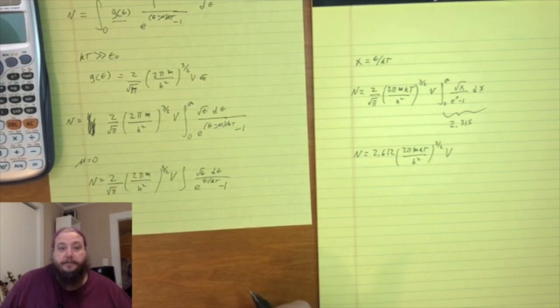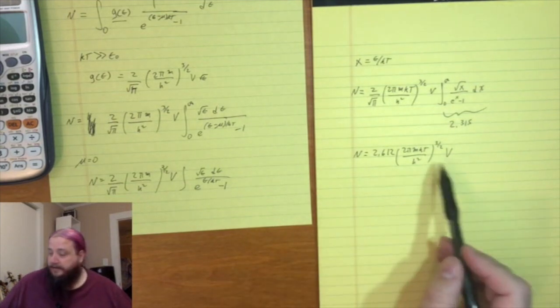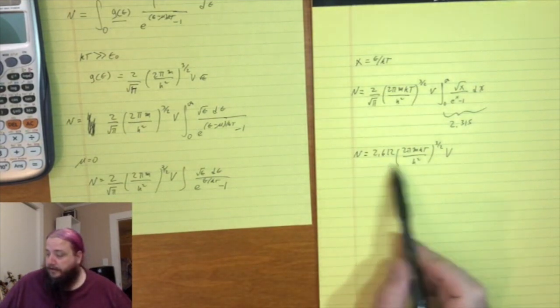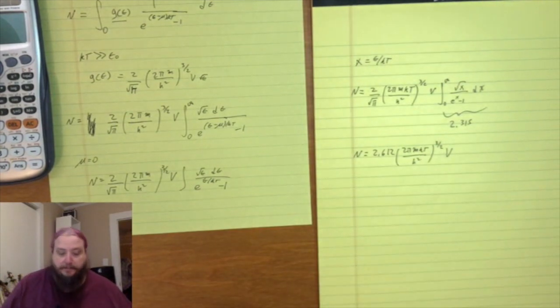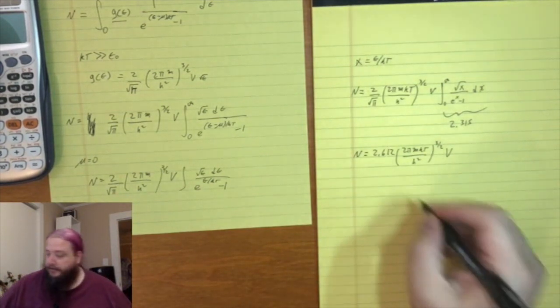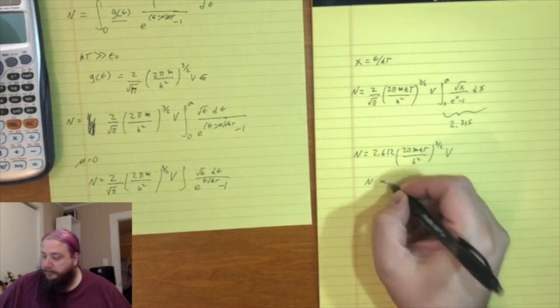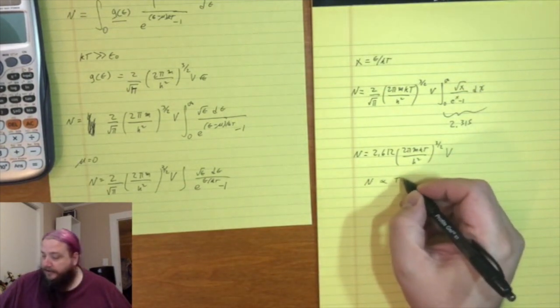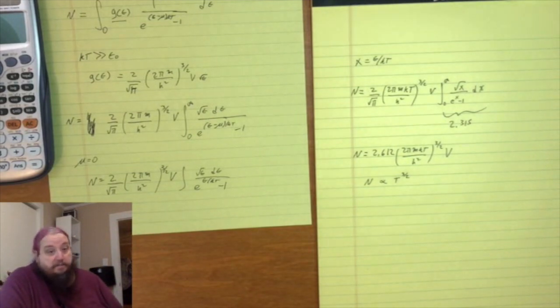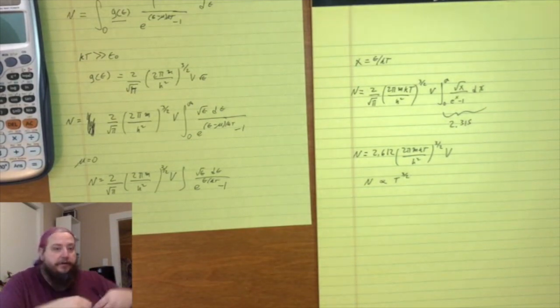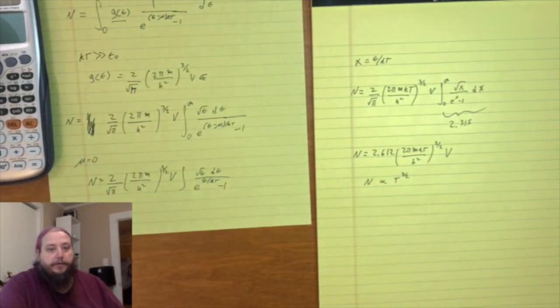And herein lies the problem with assuming chemical potential 0, which is that the only thing on the right that depends on the temperature is the explicit temperature dependence, so that the number of particles goes as temperature to the 3/2. So in other words, as you change the temperature, you're inventing particles out of whole cloth.